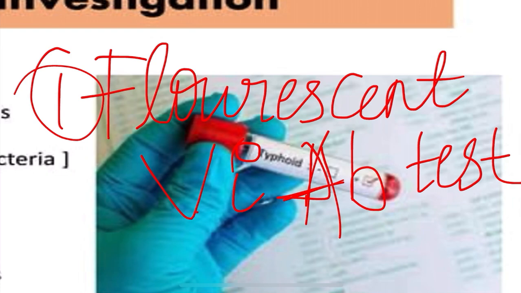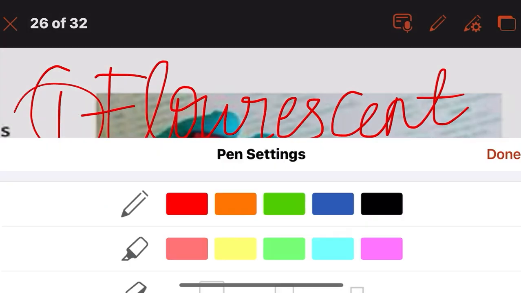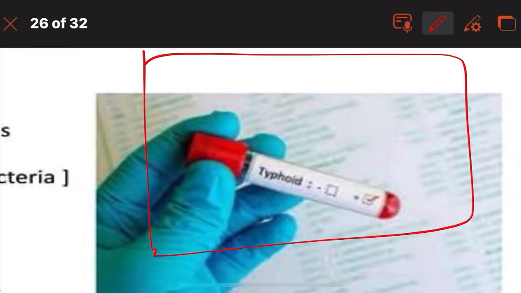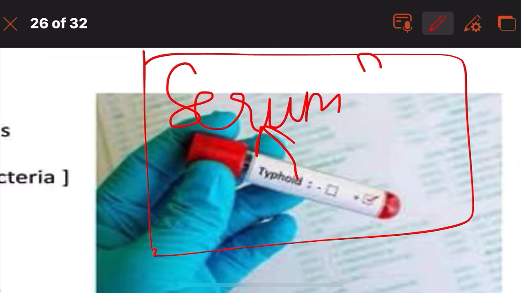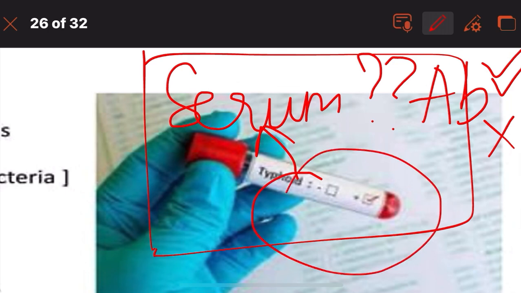So let me draw it, let me make a slide for you. What happens? We took the serum of this individual. Now what is our main objective? We are going to check if antibodies are present or not. To check that, we make the patient's serum interact with the antigen.